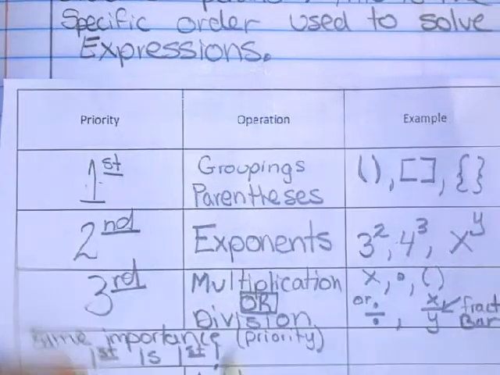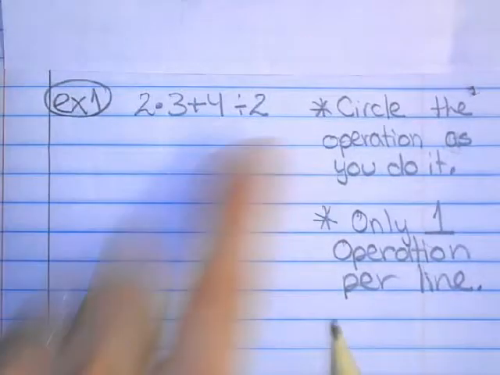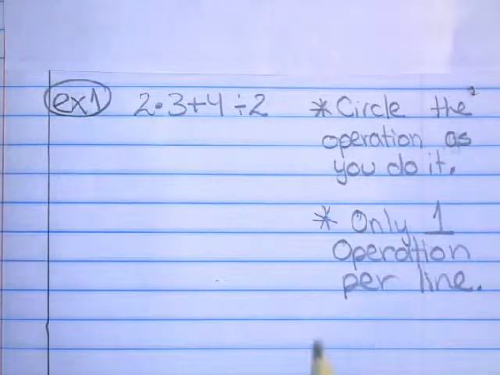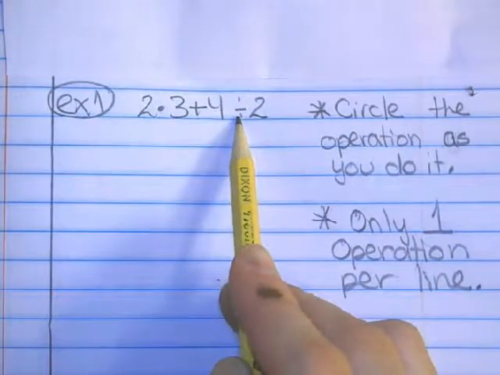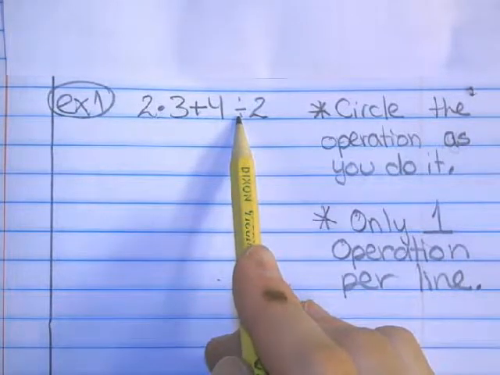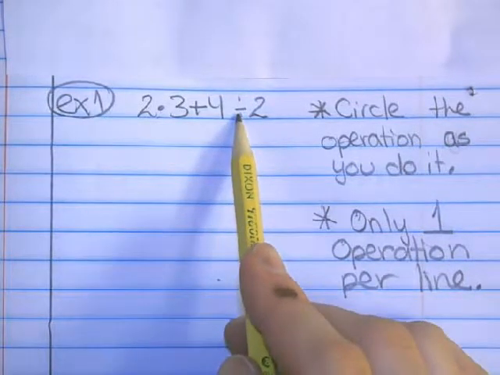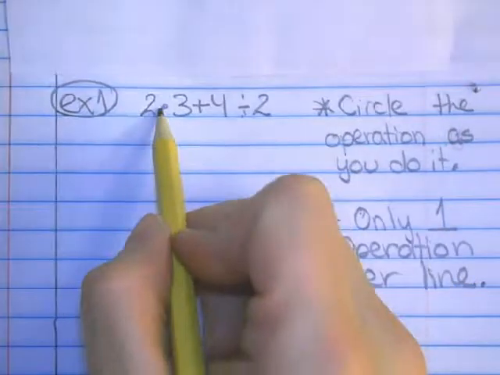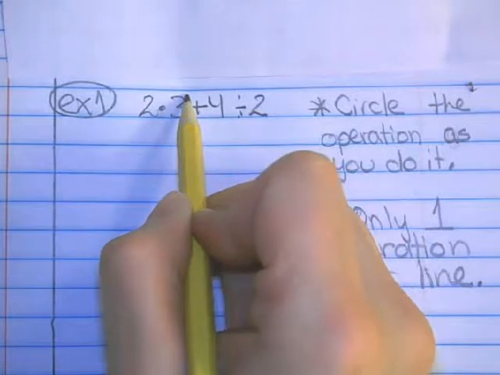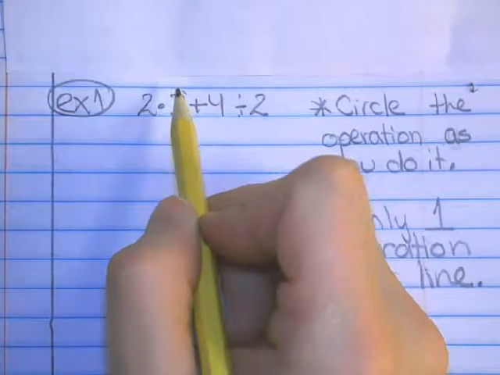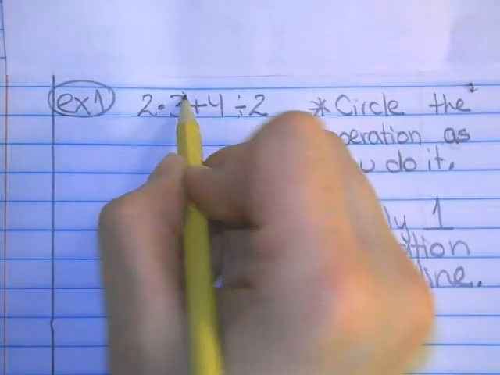Multiplication or division. I do have multiplication and division operations in my expression here. They're the same importance level, so I'm going to do the one that comes first in the problem. Well, just like I would read a sentence, 2 times 3 comes first. So that's the first operation I'm going to complete. So I'm going to circle it.